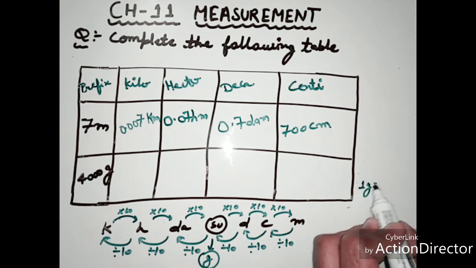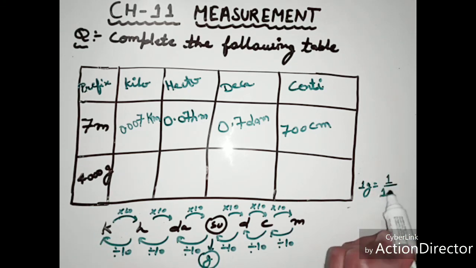So 1 gram equal to, gram is here and kilogram is here. So it's move lower to higher units and in 3 places, 1, 2, 3. So we take 1 upon 1000. 3 tens means 1000. So 1 gram equal to 1 upon 1000 kilogram.